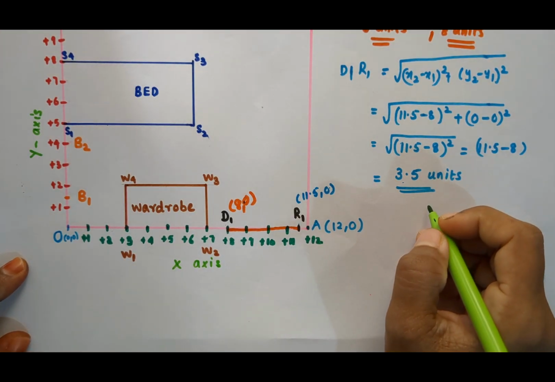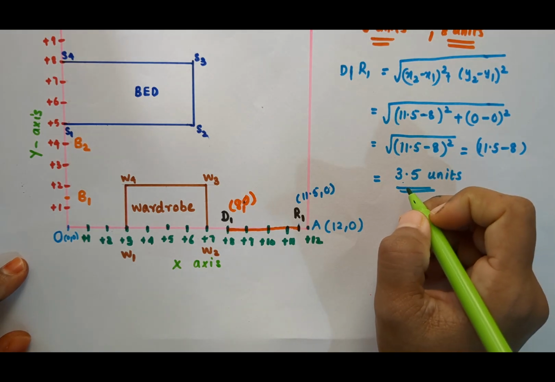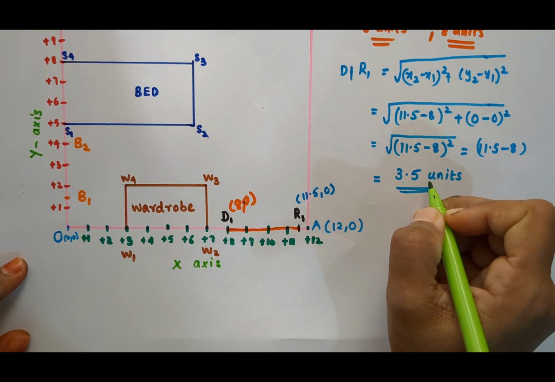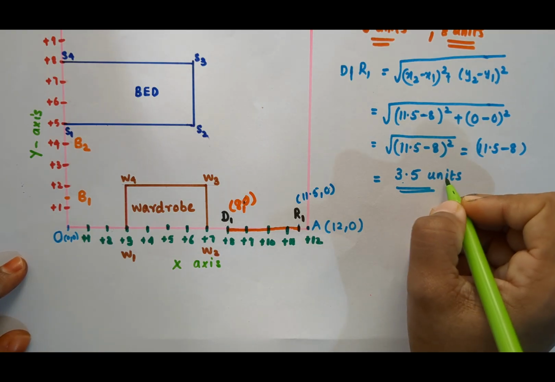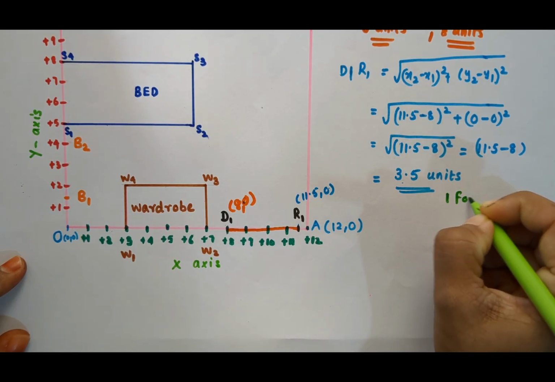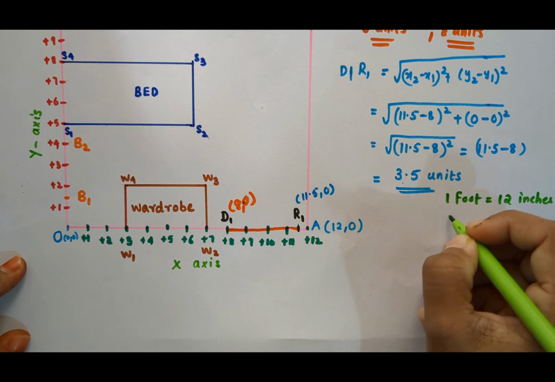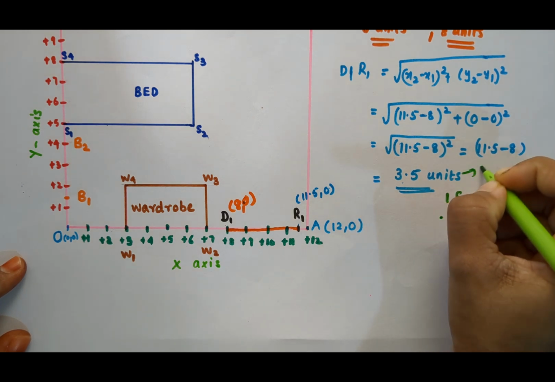Now, there is another question: do you think this is a comfortable width for the room door? If we consider this unit as feet, we have 1 foot as 12 inches. Suppose I am taking this unit as feet.